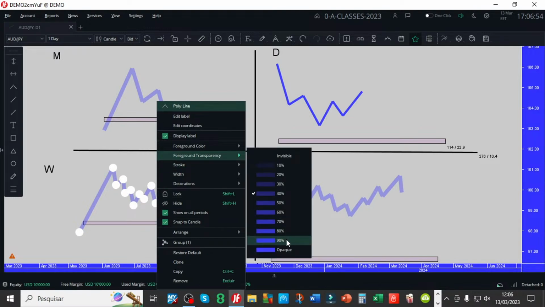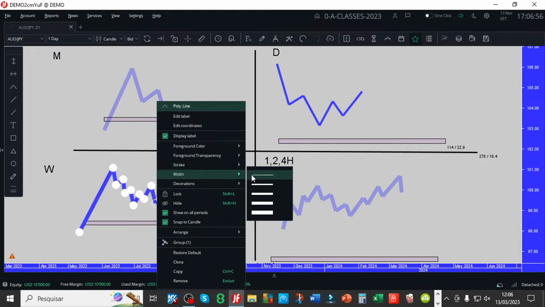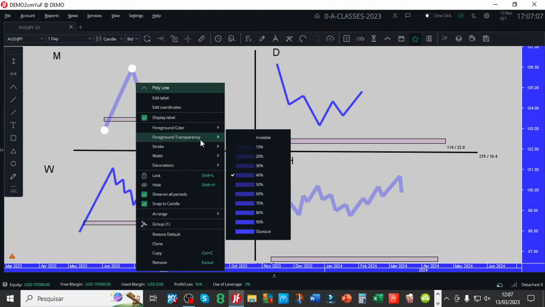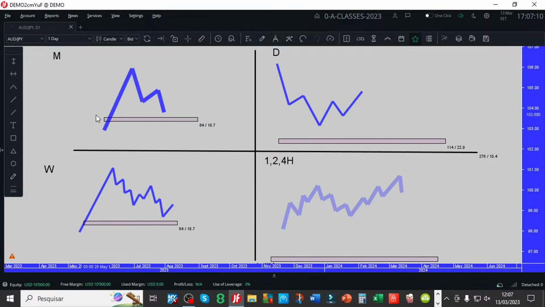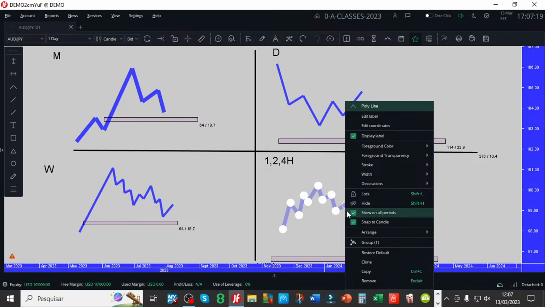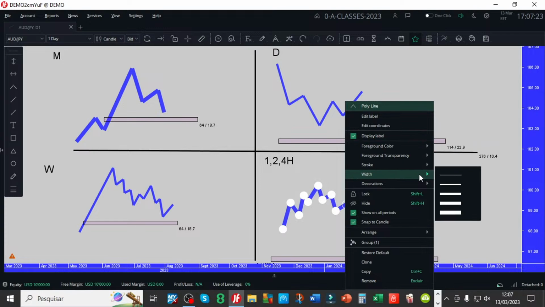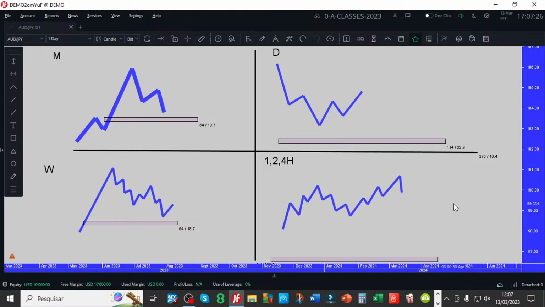Let's make transparency like this and like this, right? And the monthly, we don't see much from the monthly, but the higher time frame controls price action and movement on the smaller time frame. So this is the pivot point from the monthly. Something like this. And then we have the 1 hour, 2 hour, 4 hour chart, transparency, something like this.